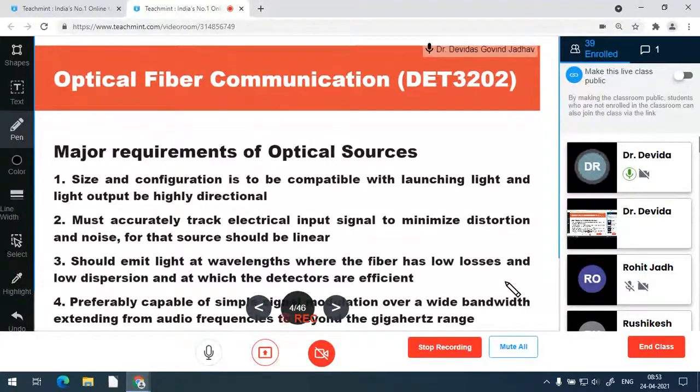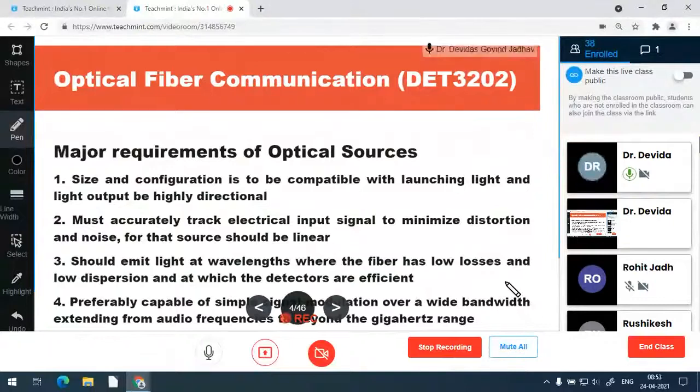Approximately the length of the tube is 1 meter and the diameter is maybe a few centimeters. So the total surface area may be very, very large. And in an optical fiber communication system, the fiber has a diameter similar to human hair.